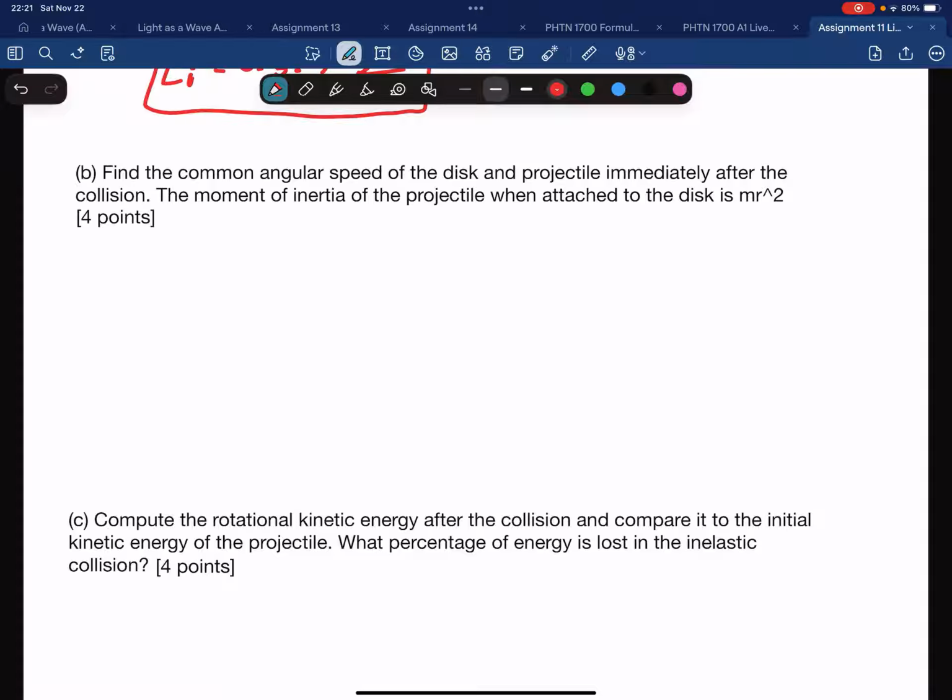So I know that initial angular momentum has to equal final angular momentum, and the final angular momentum is going to be the angular momentum of the disk, I'll use a D, which is I omega F, plus mr squared omega F, and this here is the I of the projectile.